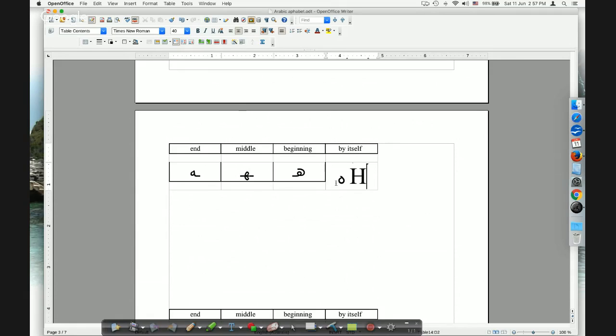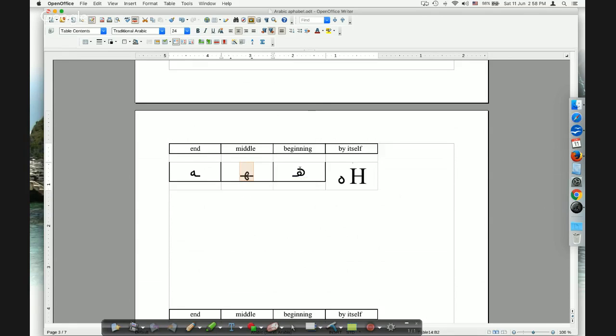Look at it. It's like a ball. This is how it is by itself. But look how it looks when it is in the beginning. Now I will show you actually how we write this letter Ha, because this letter is changing a lot.